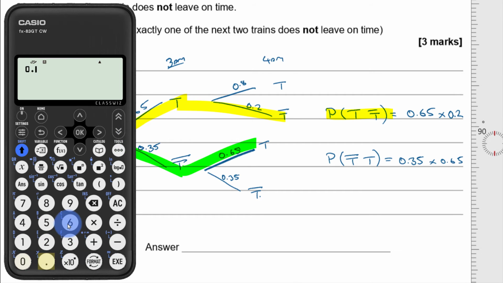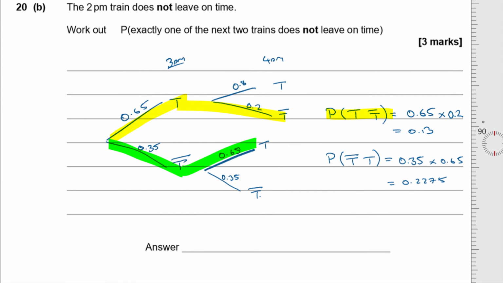So let's work out what they are. 0.65 times 0.2 comes to 0.13, and 0.35 times 0.65 comes out to be 0.2275. Now we want the probability of exactly one not on time, and that's going to be those two things added together, isn't it?